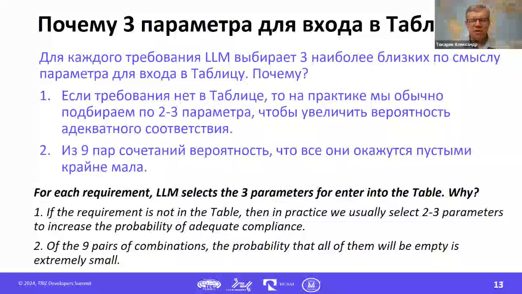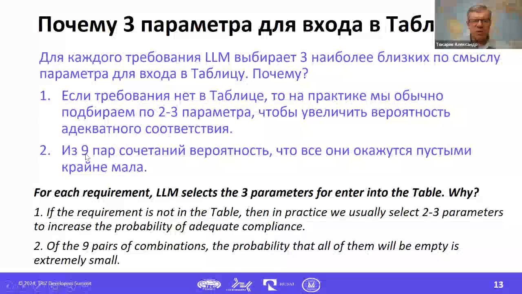Why exactly 3 parameters for entering into the table? It's not necessarily 3; you can choose 2, and you can choose 4. We stopped at 3, but according to experience, 3 overcomes and overrides all possible options. At least 1 of the 3 we will hit the target, even out of 2.